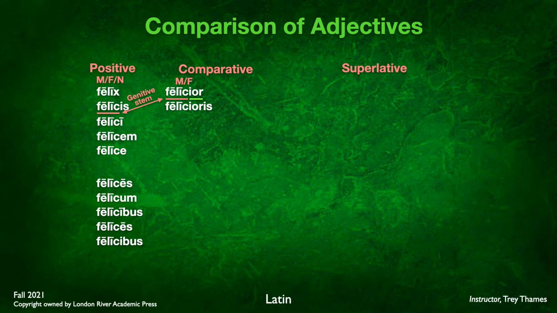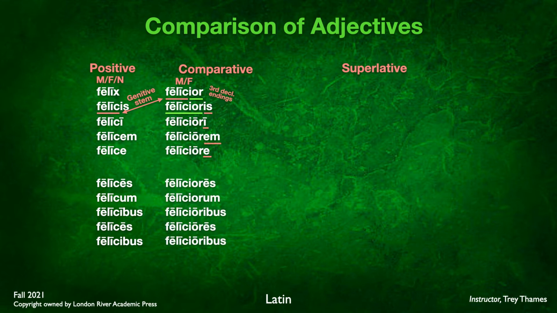In the nominative, there's no ending, so this is just the infix, -ior. And for the genitive, again, it's felicioris. Bring that down, and to that, we again add the third declension endings. So all those third declension endings.